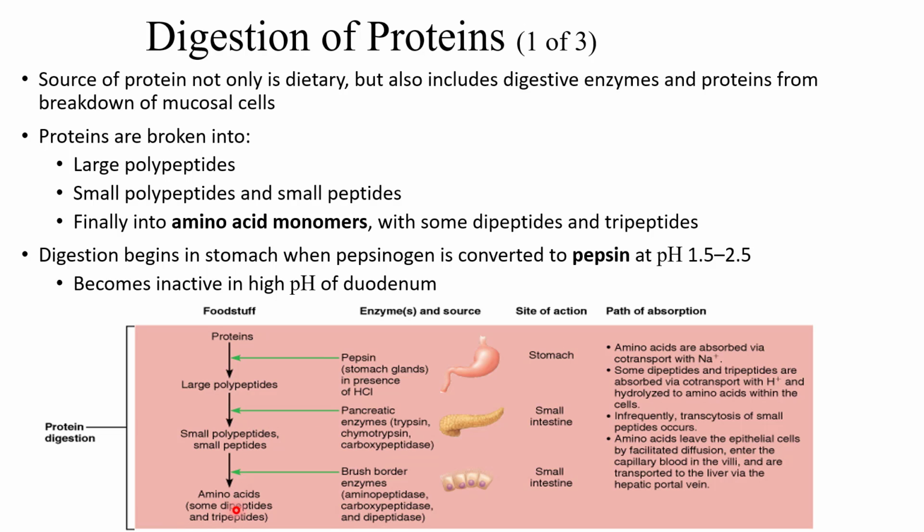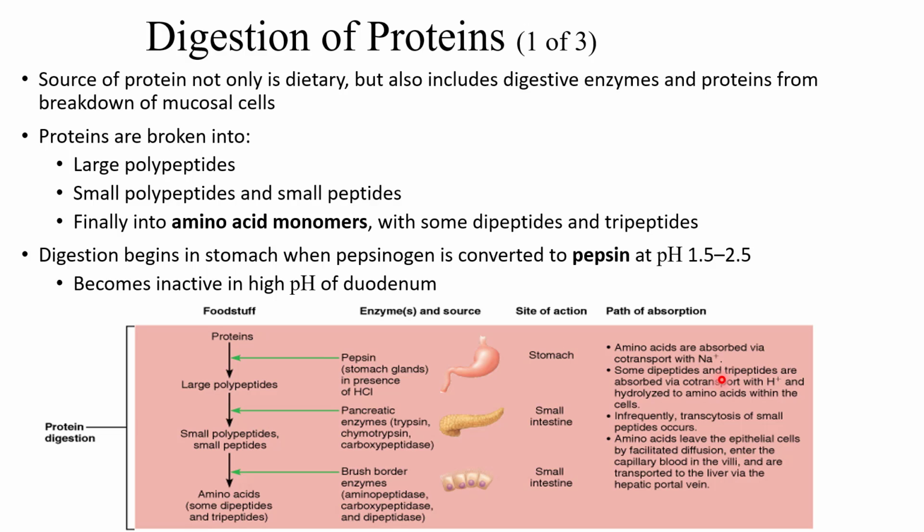Then the brush border enzymes, aminopeptidases, carboxypeptidases, and dipeptidases, will help convert the small peptides into amino acid form.